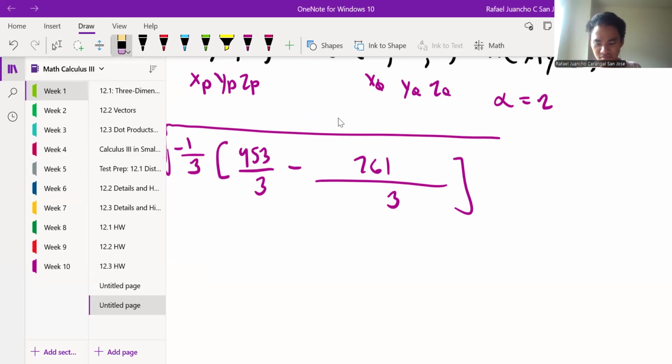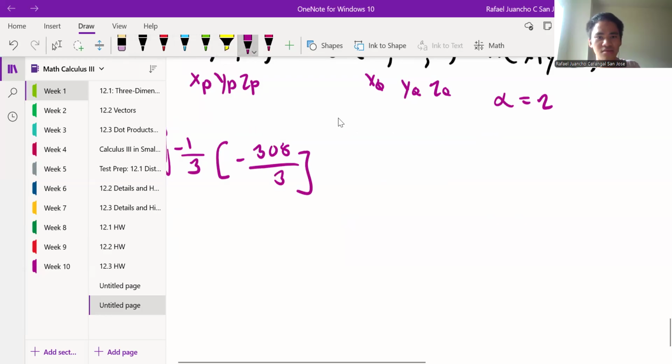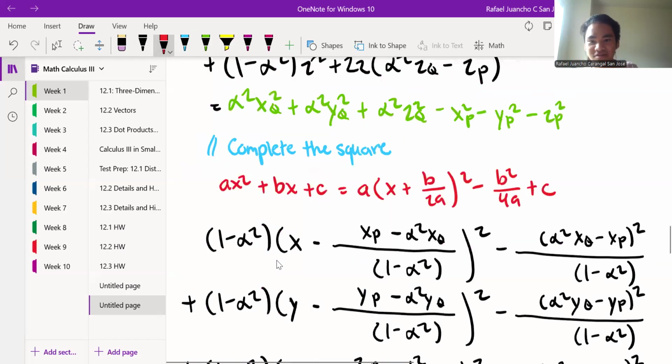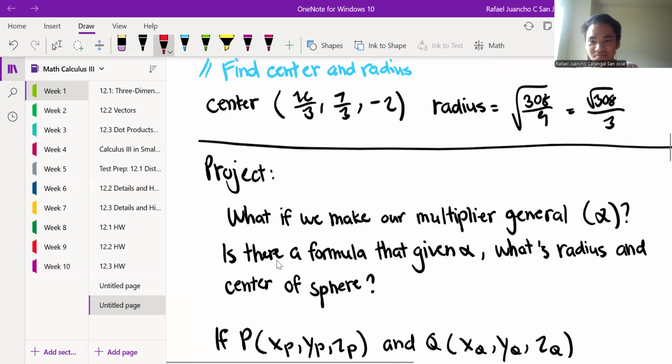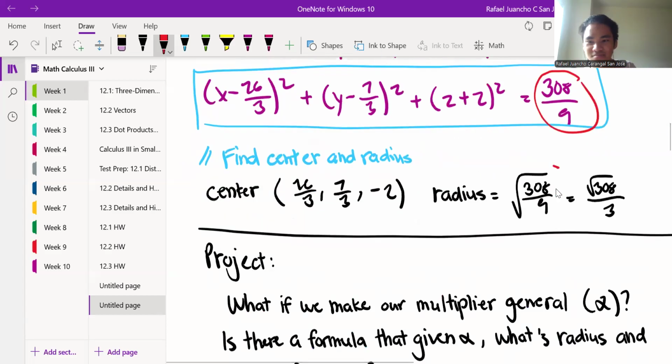So this is negative 308 over 3. Here I'm just putting the pieces together. And this is positive 308 over 9, which is exactly what we got earlier.